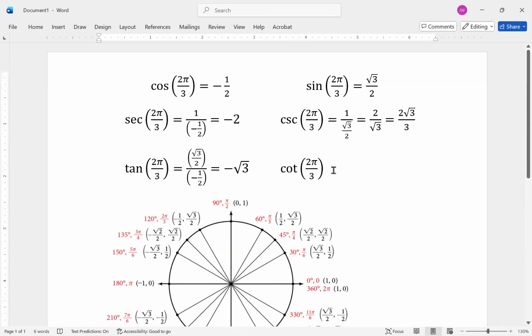And then cotangent of 2 pi over 3 is also similar. On top, -1/2. That's cosine of 2 pi over 3. And on bottom, we take the square root of 3 over 2.